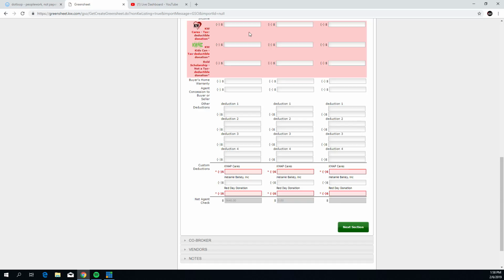Sometimes you've had a deal where the listing agreement says that you're going to be getting 3%, but in order to make the deal work after due diligence, you've got a stubborn seller, you've got a stubborn buyer.